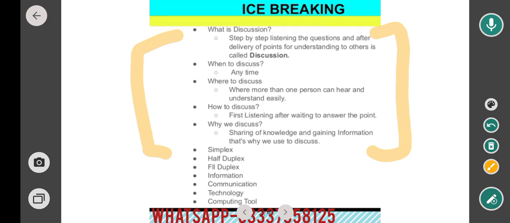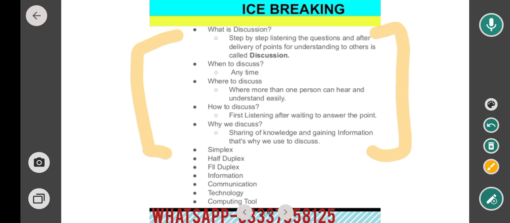So if we communicate with the help of technology, how do we communicate, and where do we use technology? These concepts, simplex, half duplex, and full duplex, we have shared, but now we are going to cover another topic, information communication.